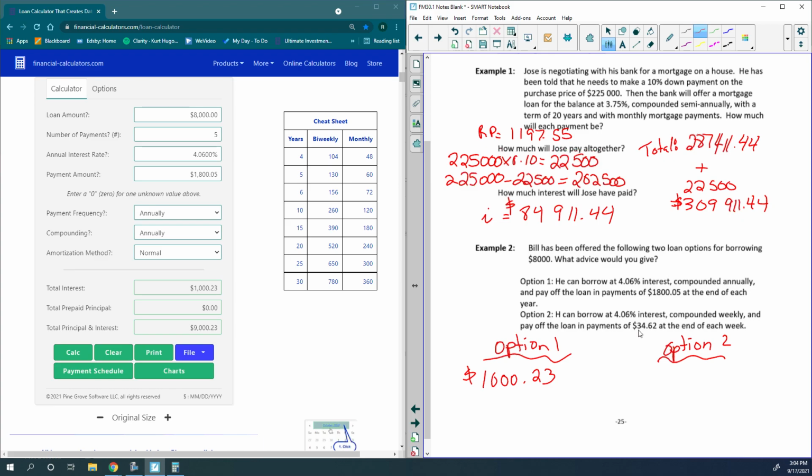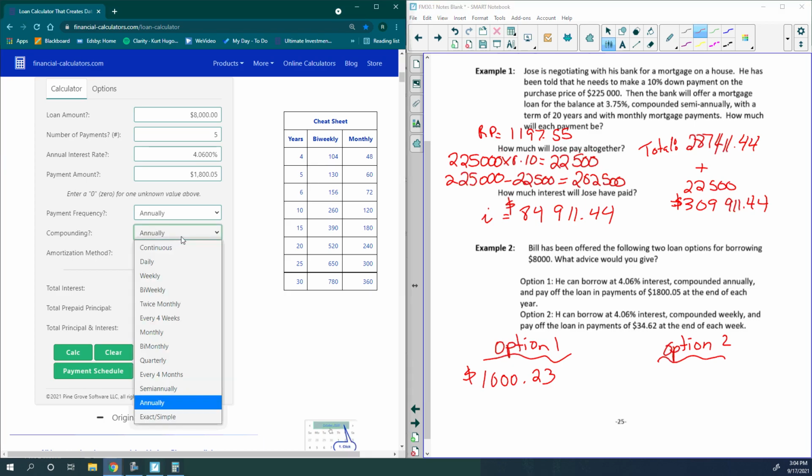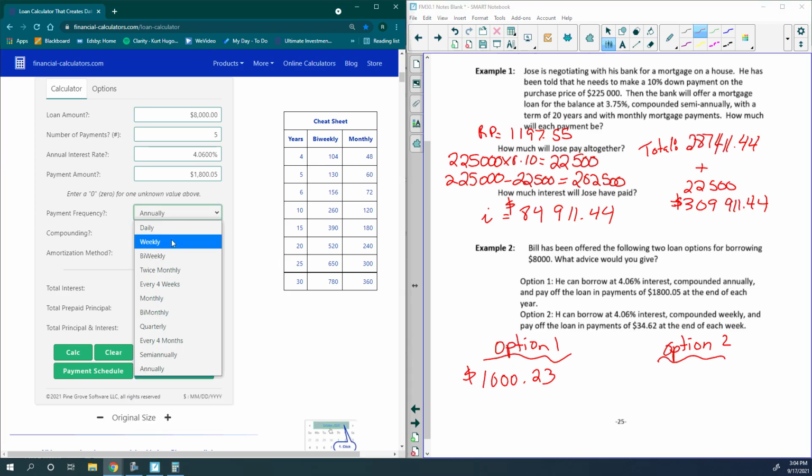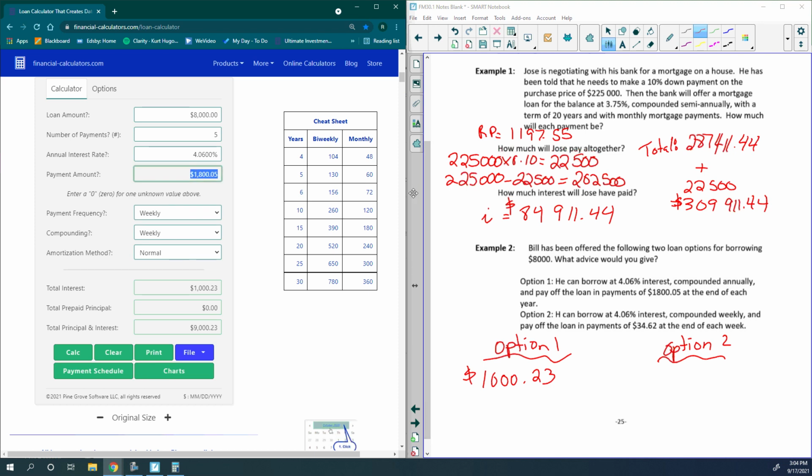Okay, for option 2, same interest, so I don't have to change that one. However, compounded weekly. So I need to change it to weekly, and we're being paid weekly. The weekly payment is $34.62. We don't know what the number of payments is going to be, so that's my unknown.